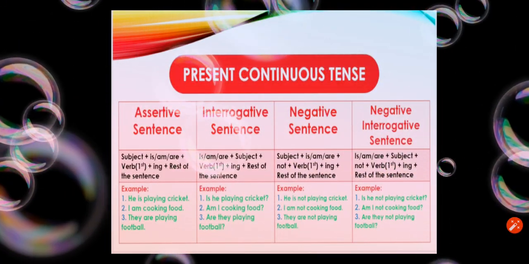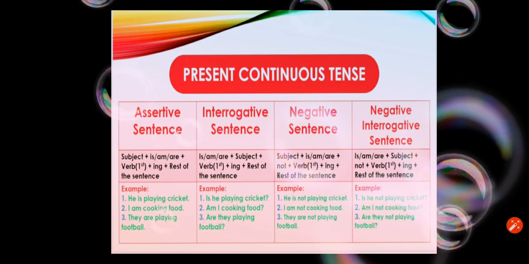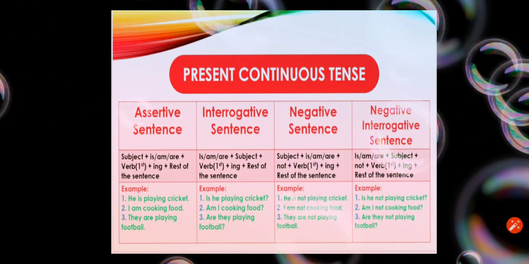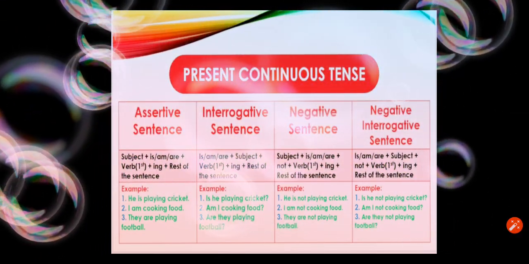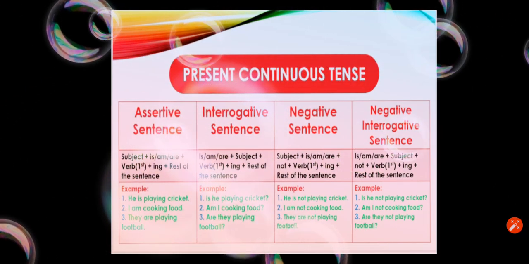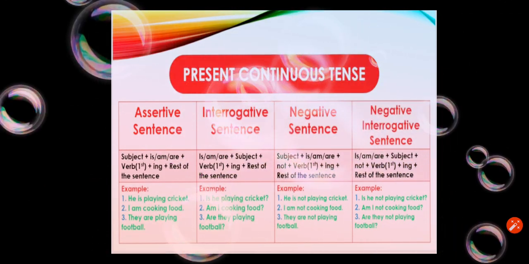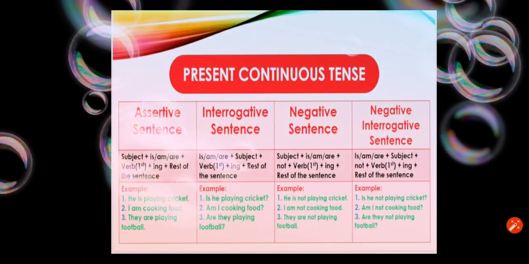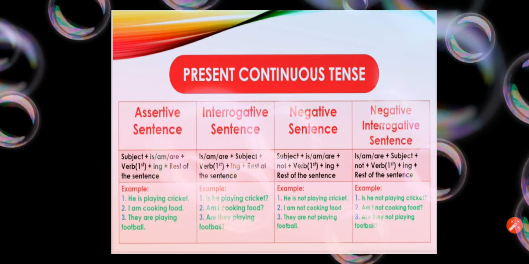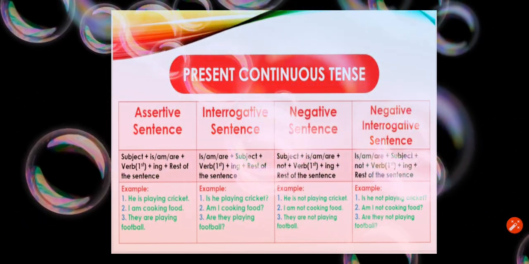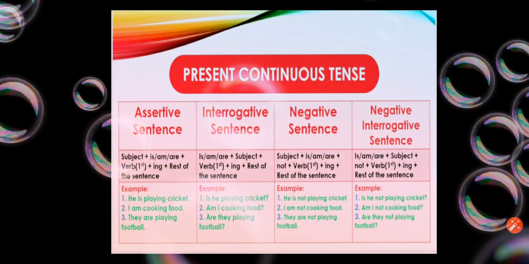Let us discuss four major parts of present continuous tense with the help of this table. The first one is the assertive sentence. In this type of sentence, we generally use subject plus helping verb is, am, or are, which depends on the subject, plus the verb's first form with ing, and then the rest of the sentence. Let's understand through some examples. He is playing cricket. I am cooking food. They are playing football.